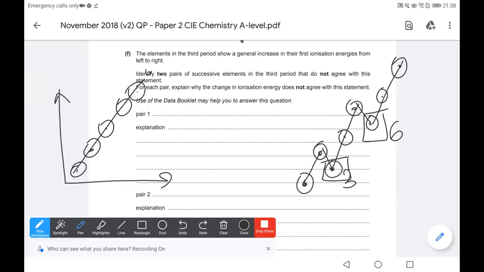So the fifth group is more stable than the sixth, and the first ionization energy is greater than we think. It's a very common question.